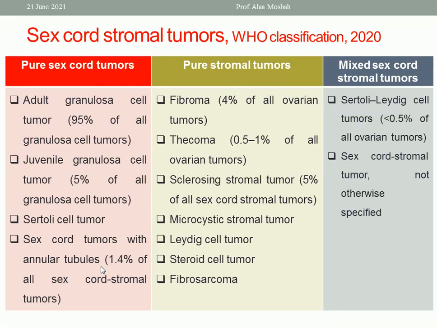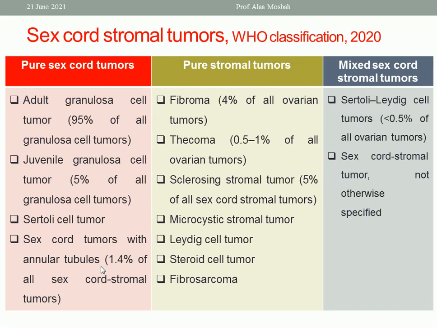The adult type occurs in older age, while the juvenile type occurs in younger age. The most common one is the adult type, 95%, while the juvenile type is 5% only. It is a hormone-producing tumor, producing estrogen, and can cause precocious puberty in childhood, abnormal bleeding in childbearing age, and postmenopausal bleeding in postmenopausal women.